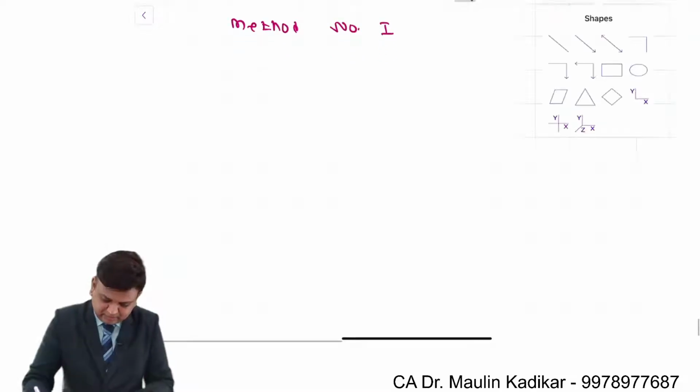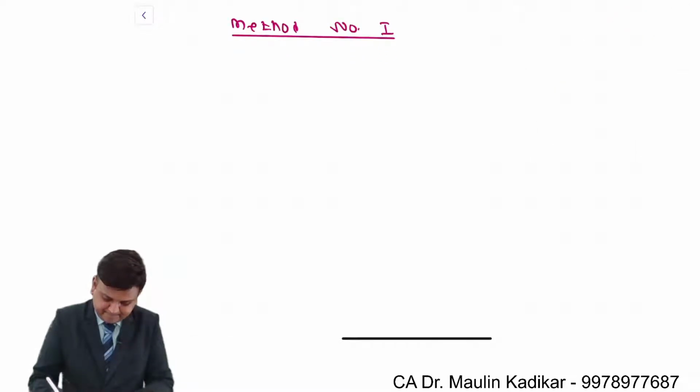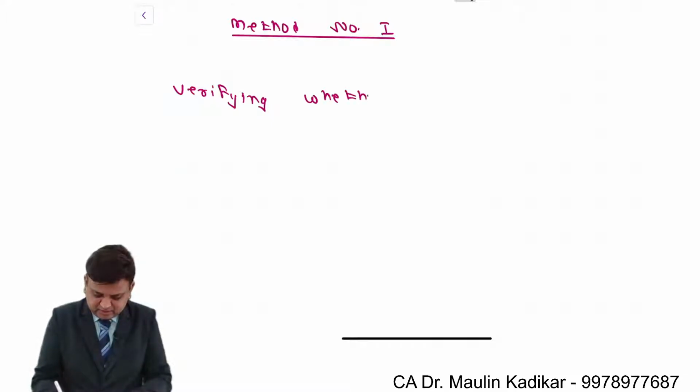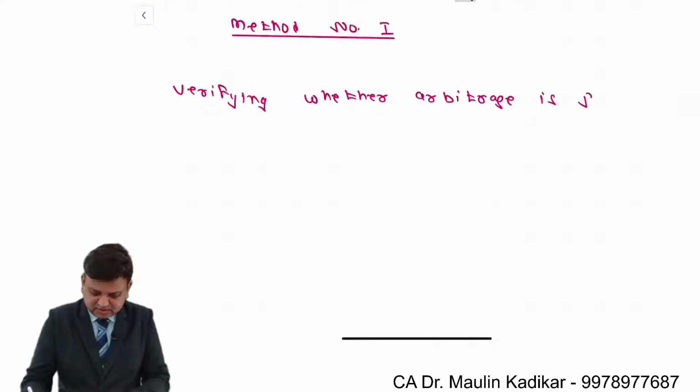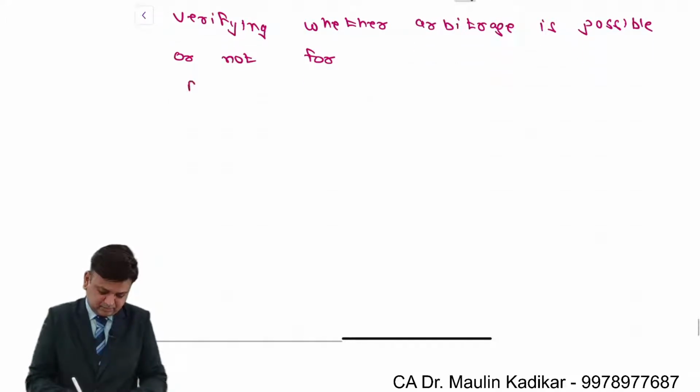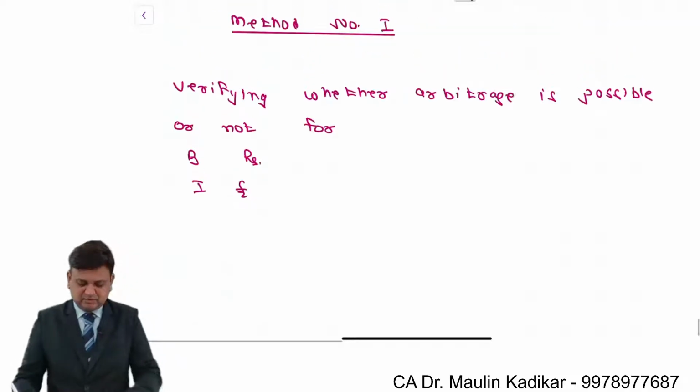in that write down, verifying whether arbitrage is possible or not for borrow rupees, invest in pound.